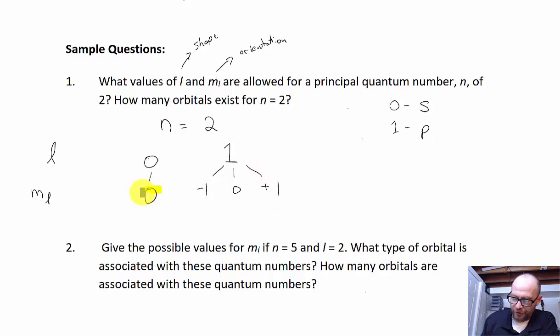Each of these is an orbital. This is an orbital, this is an orbital, and this is an orbital. So that tells me that I have 1, 2, 3, 4 separate orbitals for n equals 2.